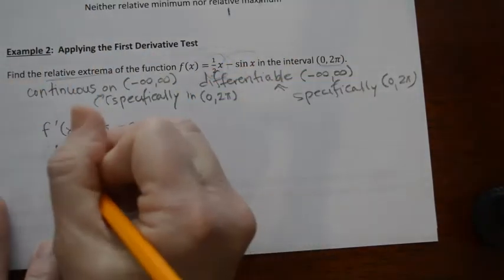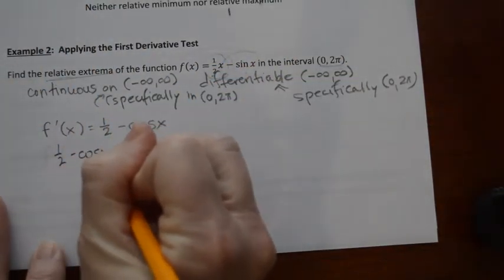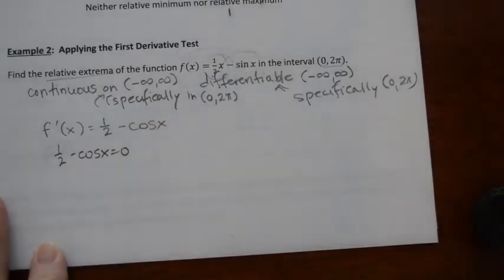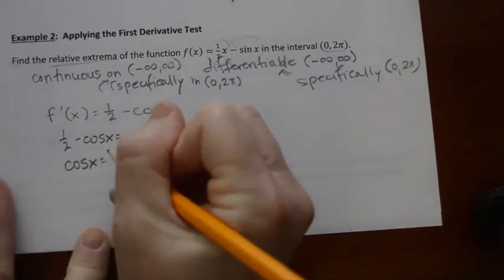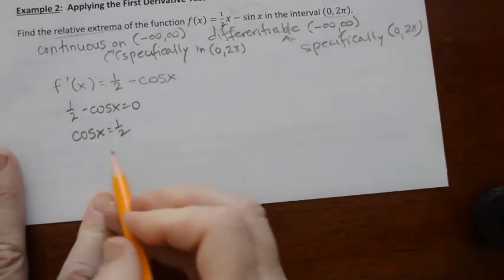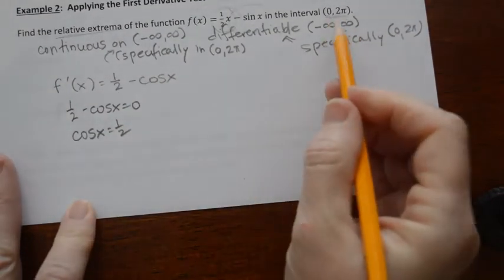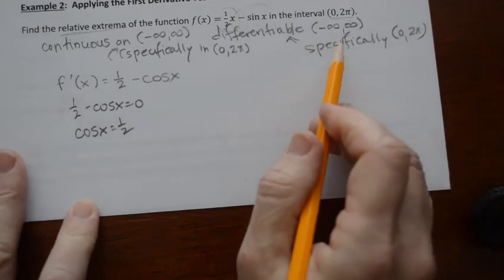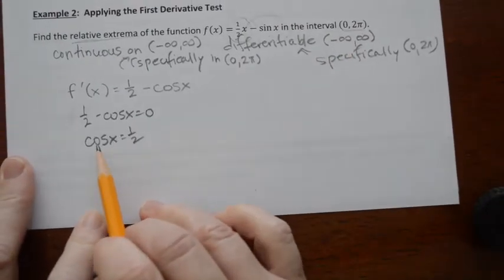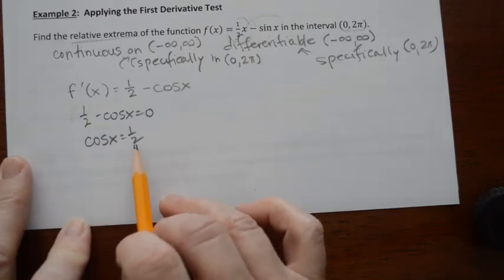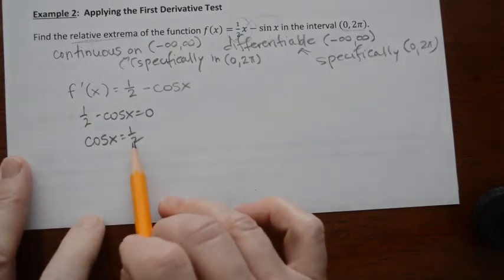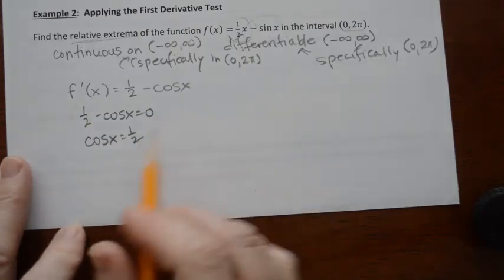So we're going to take 1/2 minus cosine x and set it equal to 0. We're going to bring the cosine over the other side, so we've got cosine x equals 1/2. Then we would say, where in 0 to 2 pi is our function equal to 1/2? Cosine is 1/2 at 60-degree angles, or pi over 3.